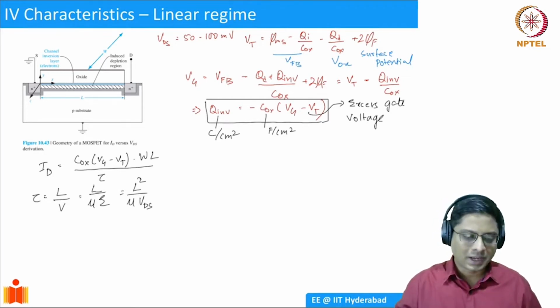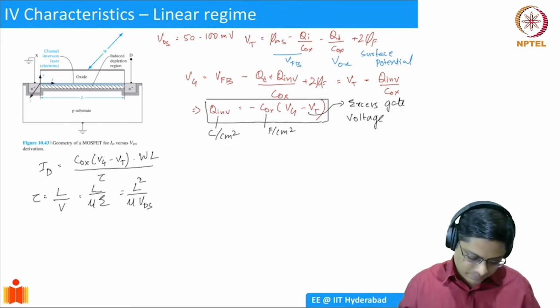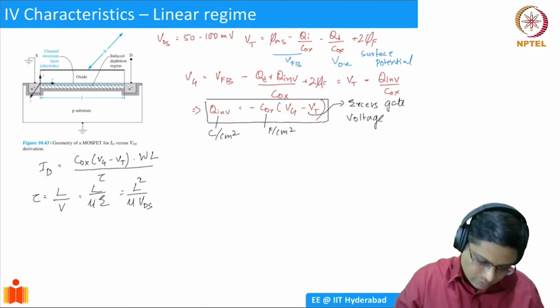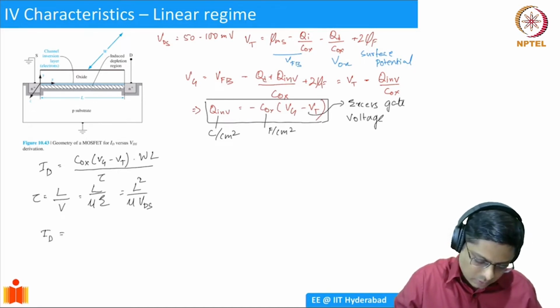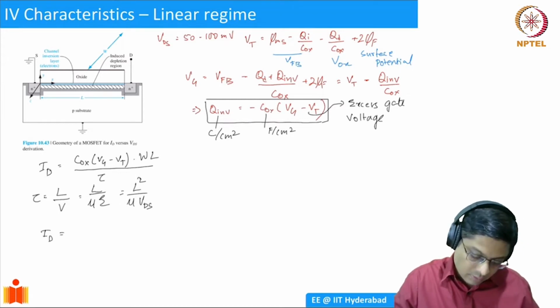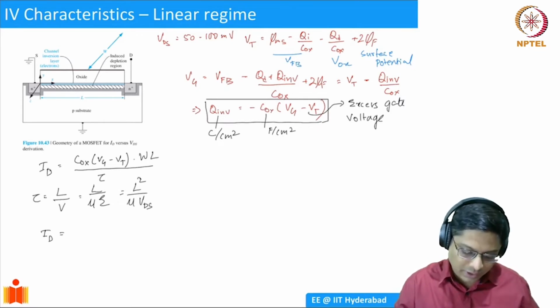Now I can substitute back into the expression on the top, right? And so I will get my drain current ID equal to mu, and VDS will go up, and there will be an L square in the denominator that will cancel out with one of the L's in the numerator.